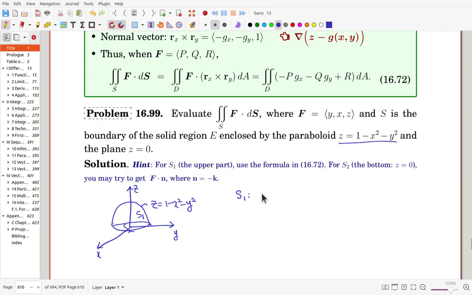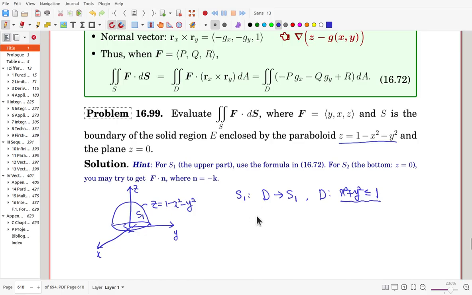Of course, that one is from D to S1, and here D must be this bottom, right? So S2 is basically the D, but anyway, we'll write down explicitly that x squared plus y squared is bounded by 1.